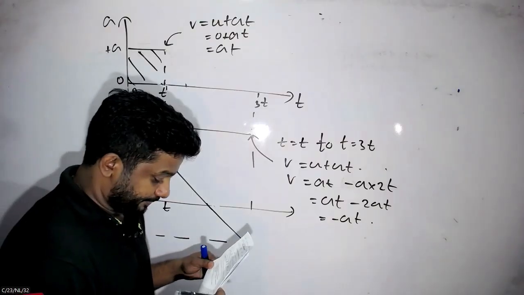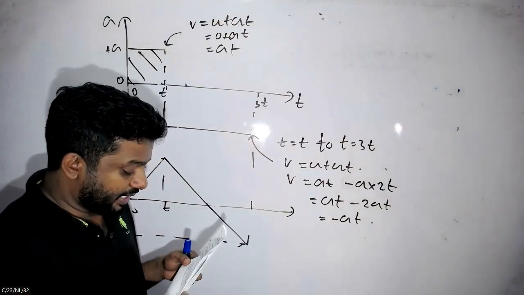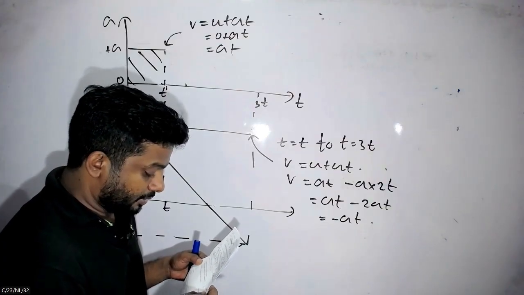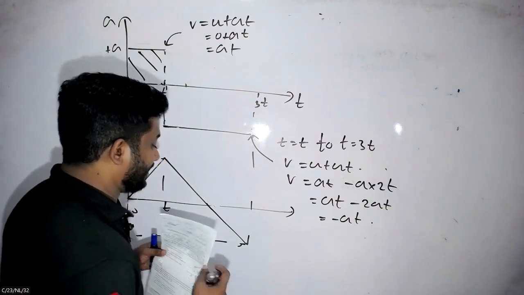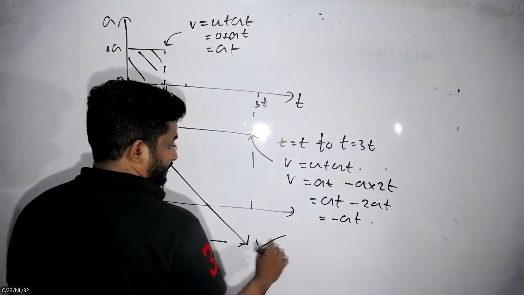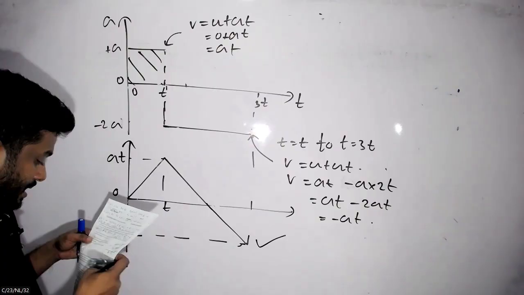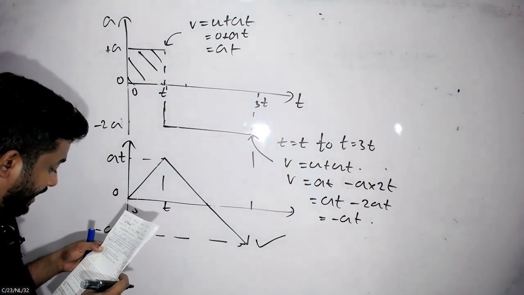What is the first statement? At time t equals 3T, the velocity of the object is negative. Yeah, it is negative. The object turns to the opposite direction and moves in the negative direction. Right? A is a correct statement.